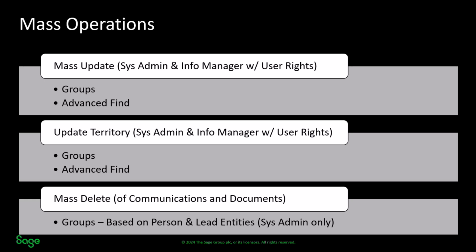We'll explain exactly the rights needed for those users, but you'll notice that the mass deletion of tasks, and the mass deletion of communications and documents, can only be done by a system administrator. But let's start that process and see how we configure Sage CRM to allow for mass operations.